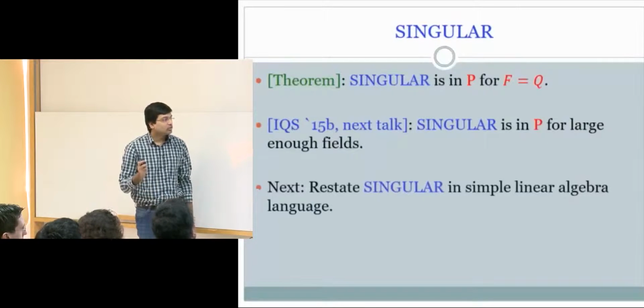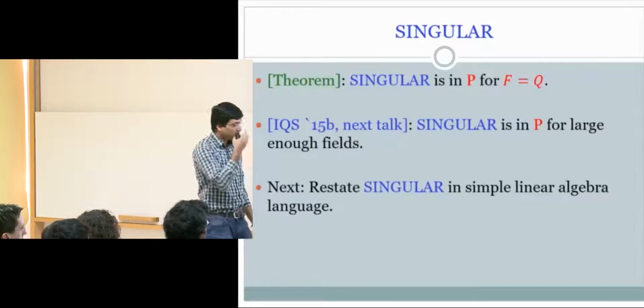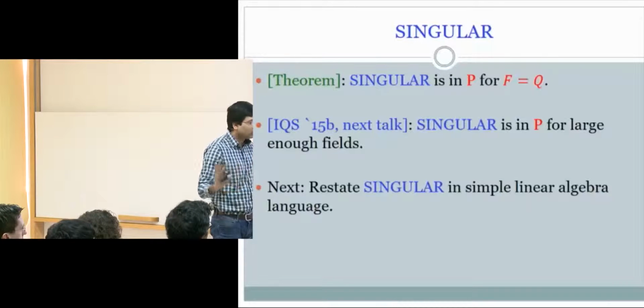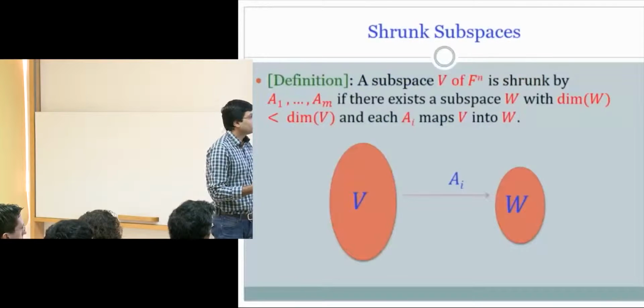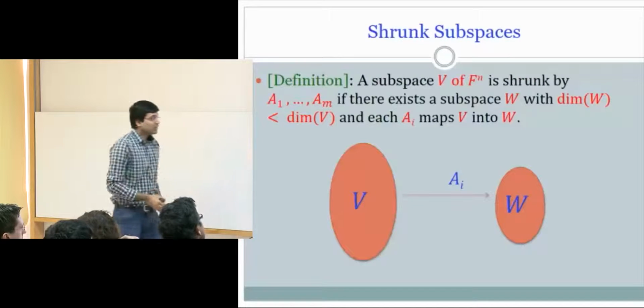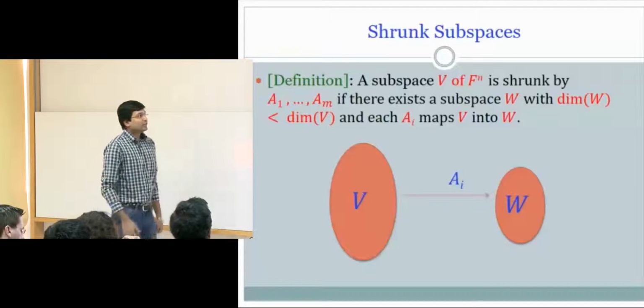Next I'll restate the problem singular in simple commutative linear algebra terms. If you lost me anywhere, there's time to tune back in if you want to. So, simple linear algebra. Here's a definition.